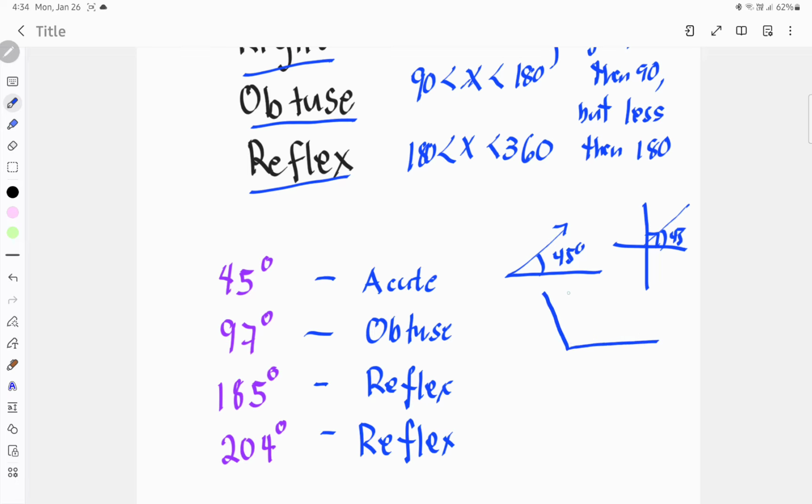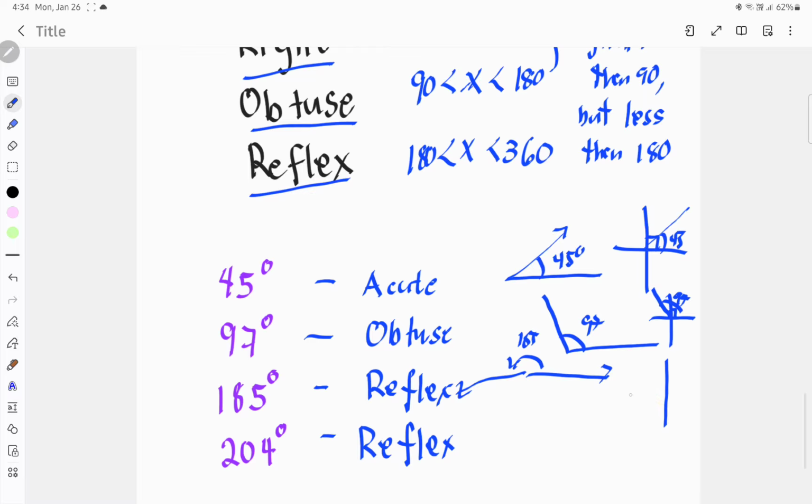Remember that this is 90, so it's merely like this, but a little bit bigger. A reflex of 185 would look like this. Remember that this is 180, and it goes a little bit more than that, so the angle will lead you. That's why it is required to look at a reflex angle.